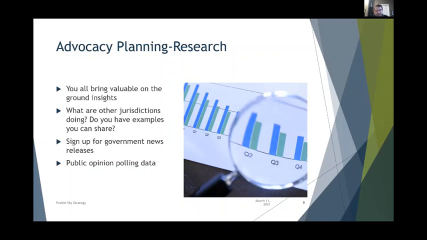Then, moving up, as I said, I'm going to start from the bottom and go up. On the research side, and it dovetails back to the start of the goals, be aware of what government's up to and what they're focused on.